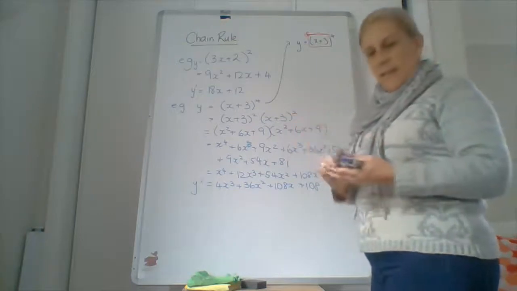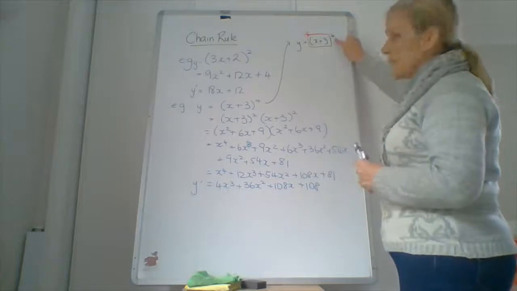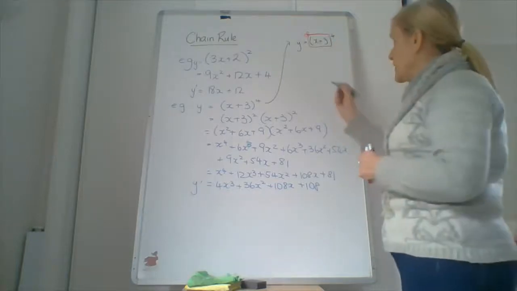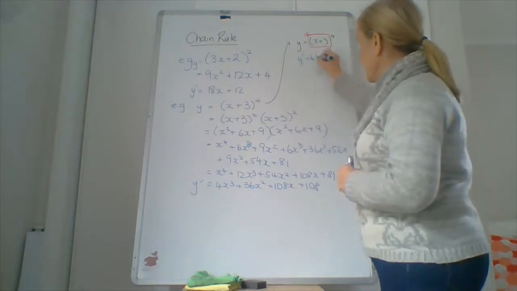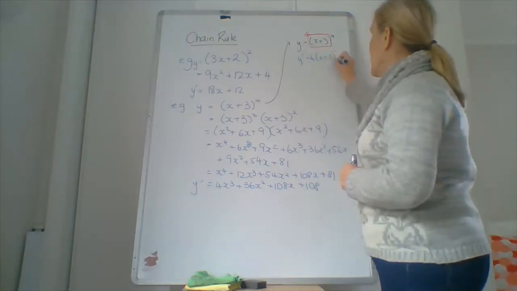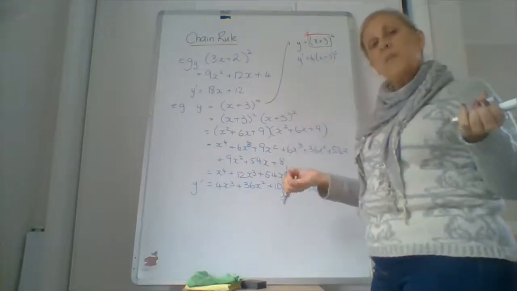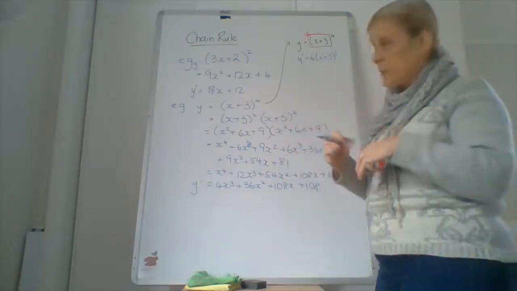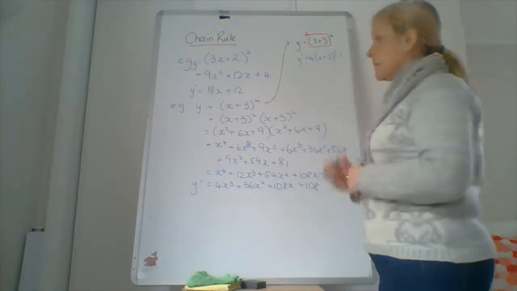If we treat that as just a function, we can get rid of this 4 first by using our formula. So y dash equals 4 present to the power of 3. The problem is that now we've unwrapped it, we now need to differentiate what's inside the present. Inside the present was x plus 3, and that differentiates to 1.